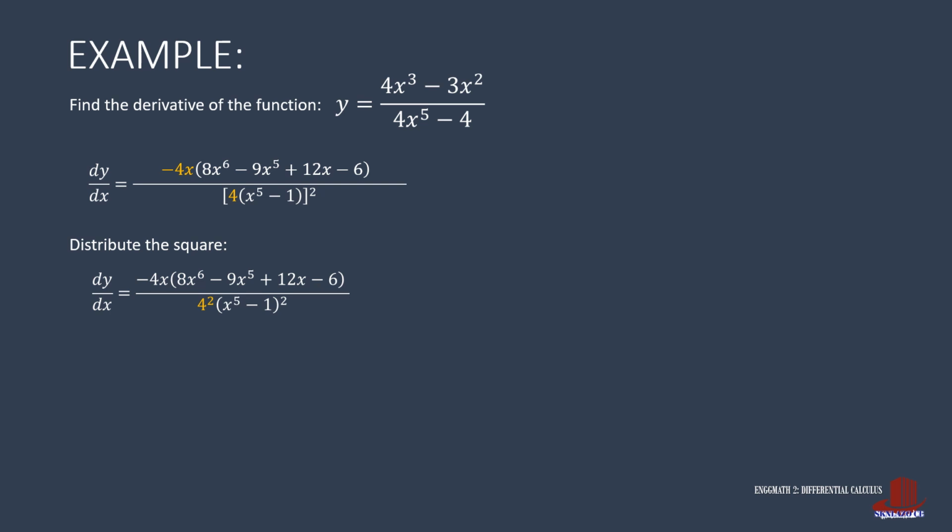Then this is compared with negative 4x from the numerator, which partially cancel out, giving the final derivative of negative x times the quantity of 8x raised to 6 minus 9x raised to 5 plus 12x minus 6, all upon 4 times the square of x raised to 5 minus 1.